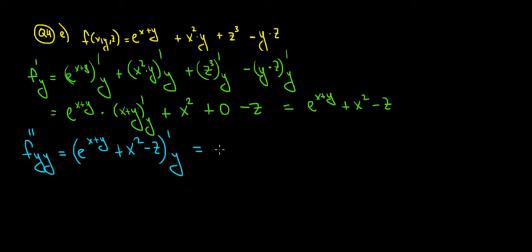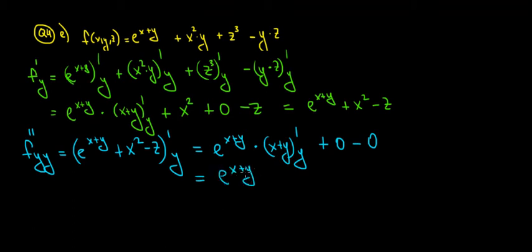So the first term derivative with respect to y is e to the power x plus y times x plus y derivative with respect to y. X squared derivative with respect to y, that's a constant derivative with respect to y, so that's just 0. And z derivative with respect to y is again a constant derivative, so that's 0 one more time. Which means as a result we only have e to the power x plus y times 1, which is e to the power of x plus y only.